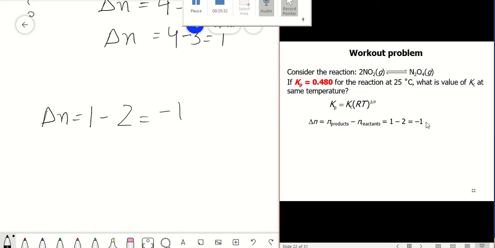Delta N is -1. If we want to calculate Kc, we can rearrange this equation, or divide both sides by RT to the power N, and that would give us this expression. So we just plug in the values now. Kc equals Kp, 0.480, divided by R times temperature, again in Kelvin, all raised to the power of -1. That would give us our Kc.